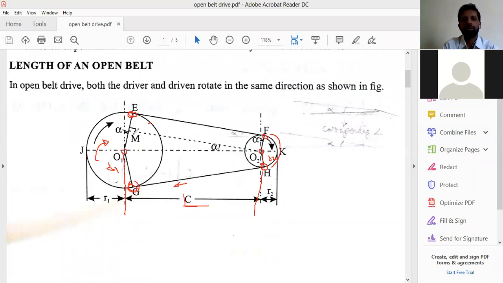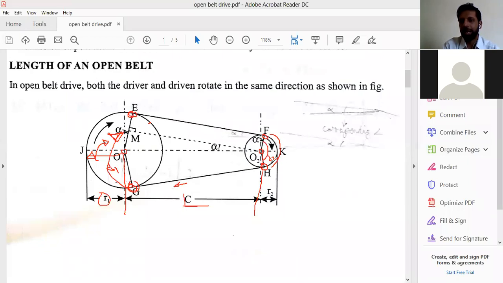Now, this is nothing but the radius of the bigger pulley, R1. It is going to be along this radius, over this arc, for this particular radius R1. Similarly, here the belt is in contact with the smaller pulley for an arc FKH.